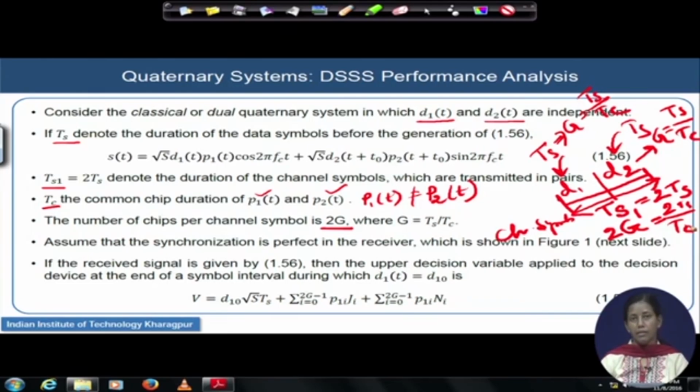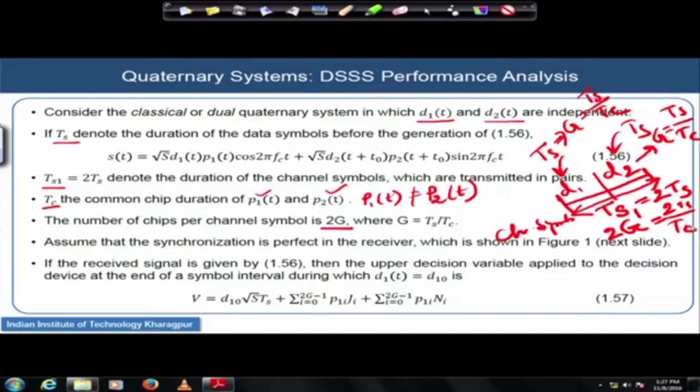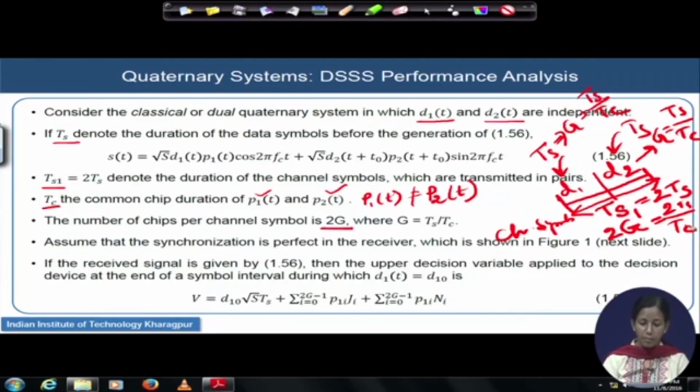Let us consider that in the receiver the synchronization is perfect. So the carrier synchronization and the code acquisition are both perfect, and based on that we will discuss the receiver architecture immediately in the next slide. Let us also consider that we are transmitting the symbol D1(t) and applying the decision based on that.